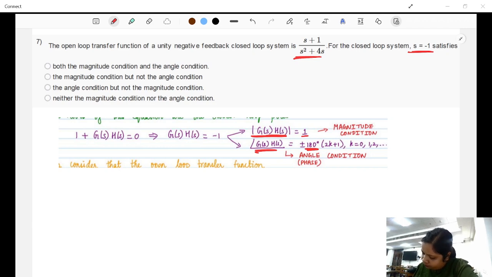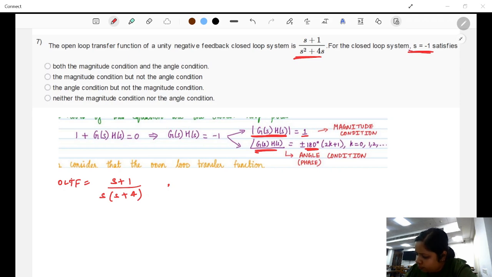So this is the open loop transfer function, right? The open loop transfer function can be written as s plus 1 upon s into s plus 4. Now we want to find the characteristic equation, because then only we'll be able to say whether this is the case or not.